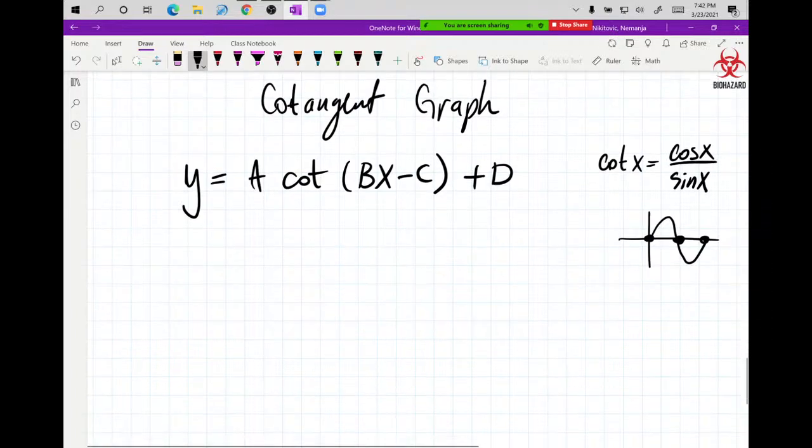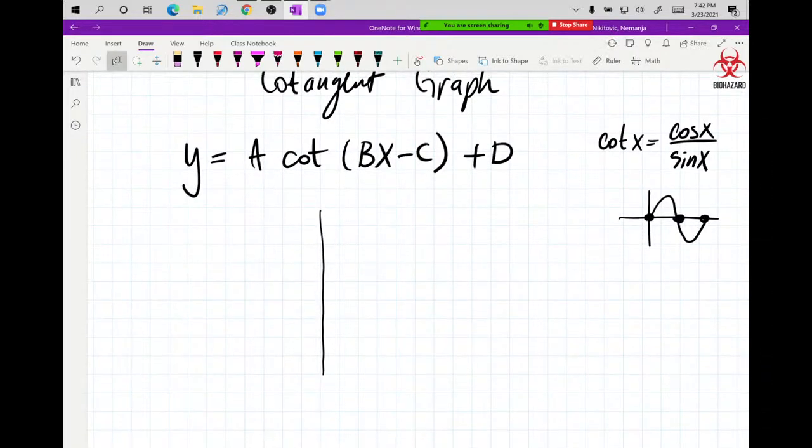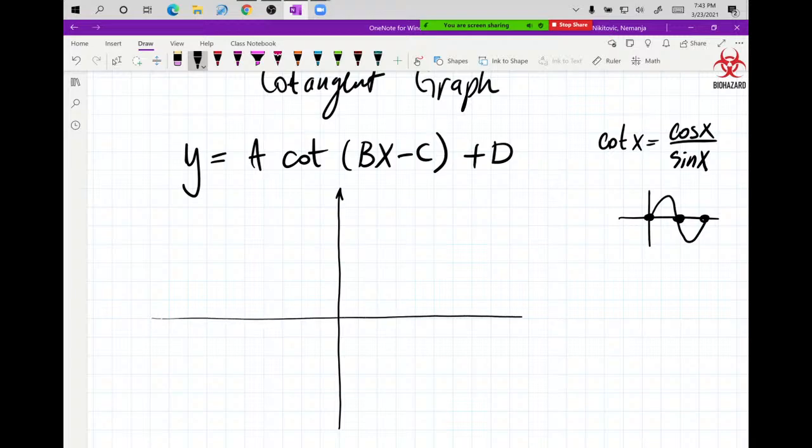So now let's take a look at the vanilla graph. We always take a look at the vanilla graph first, and then we're going to start with the shenanigans to move it left, right, and so on. So let's go and do this.